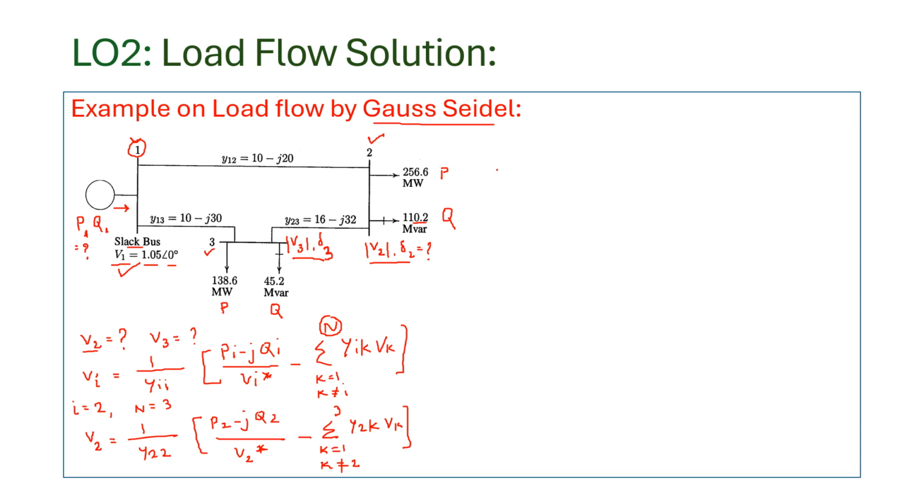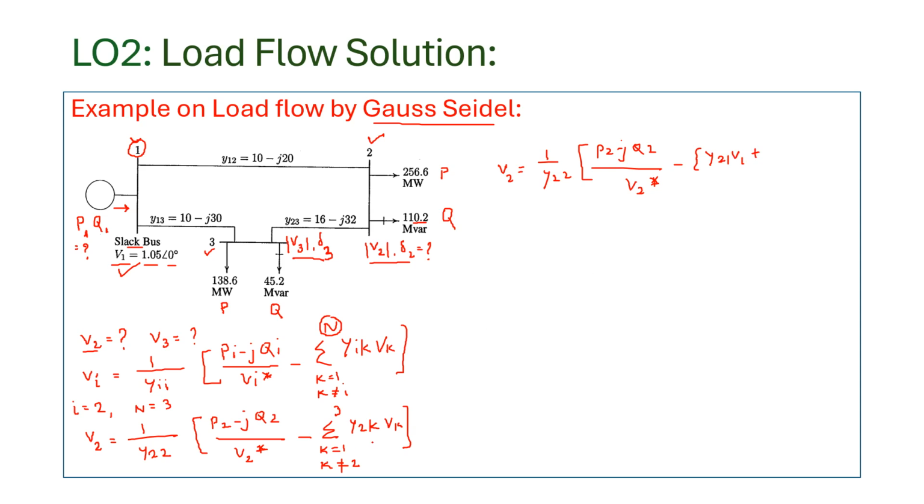So I can write the equation now for V2. V2 is equal to 1 by Y22, in bracket, P2 minus jQ2 divided by V2 conjugate, minus, now I will expand this summation as Y21 V1 plus Y23 V3.